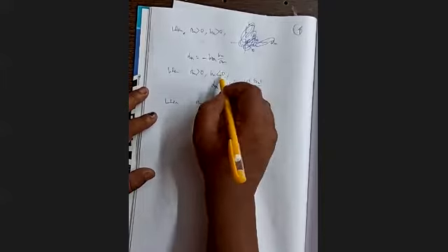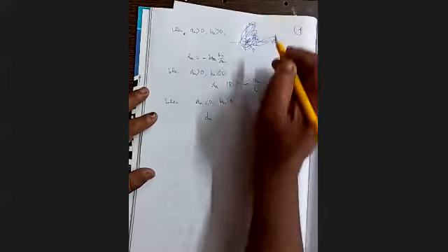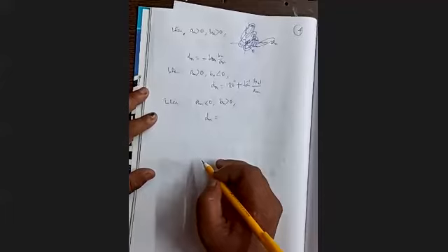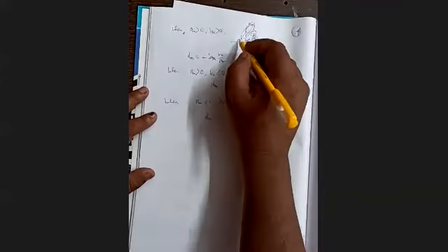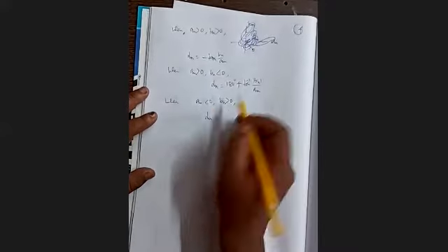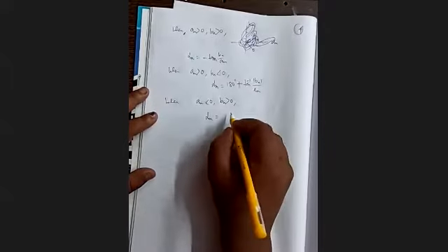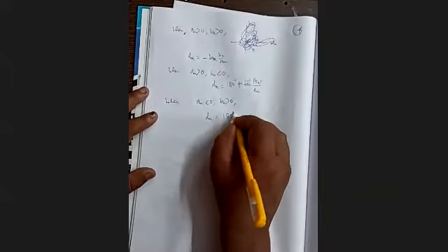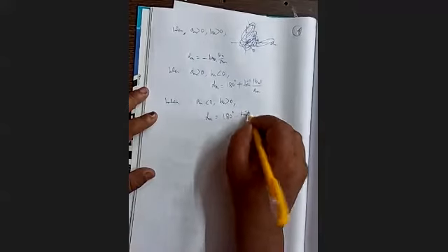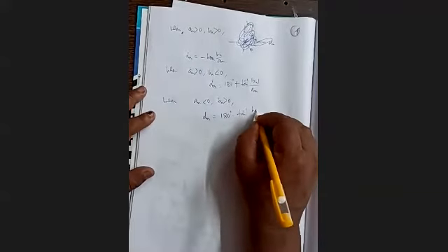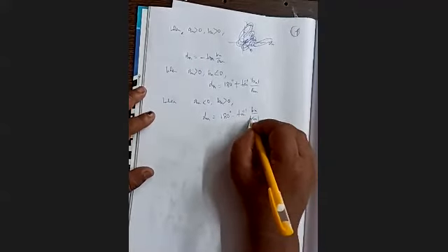Sorry, when bn is negative it will be 180 plus this one. And when an is negative, it will be in the second quadrant, so it will be 180 degrees minus tan inverse bn by mod of an. This way.